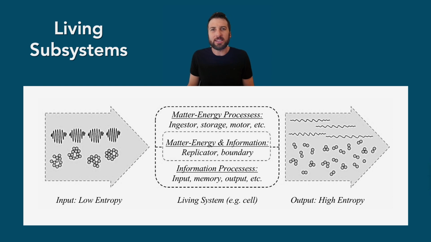James Miller basically identified different critical subsystems which would be required for a cell or some type of living system to perform the actions of life. He basically had 3 different categories. One of them is matter and information processes. So this would be like an ingester to ingest the energetic inputs, something to store, something to move, like a motor. There are also information processes, like input, memory, output. Basically, there needs to be an instruction, right? Information to be able to run the system.